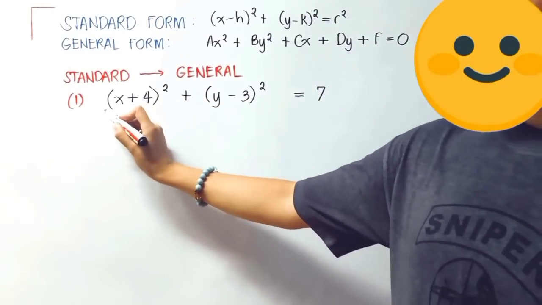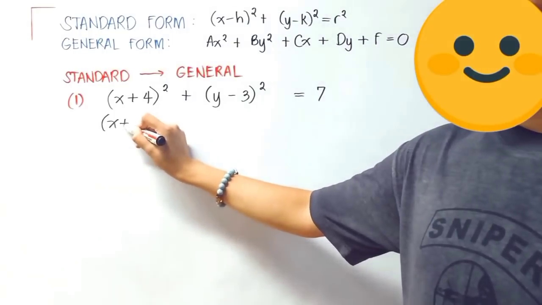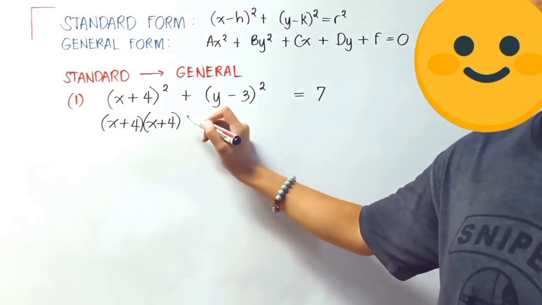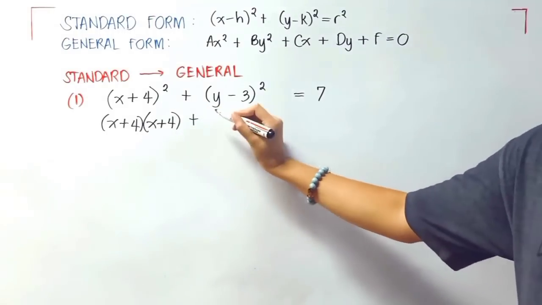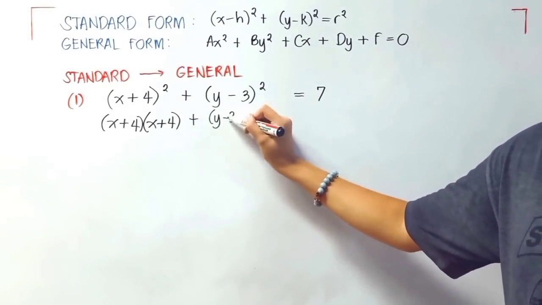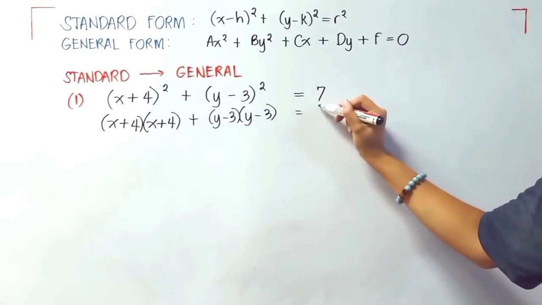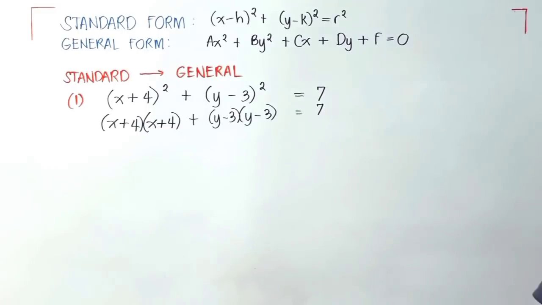X plus 4 quantity squared is just the same as x plus 4 multiplied to itself. Do the same on the other side. Y minus 3 multiplied to itself is equal to 7.